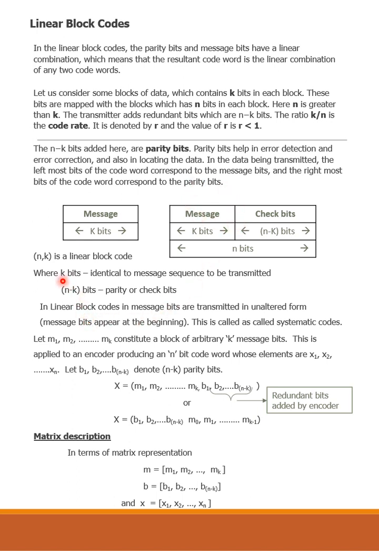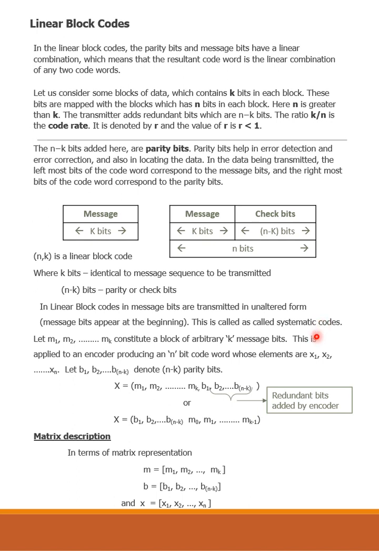This entire representation in linear block code, we call it an (n, k) linear block code, where k bits are identical to the message sequence to be transmitted, and n minus k bits are called check bits, which are otherwise called parity. In linear block codes, the message bits are transmitted in unaltered form.